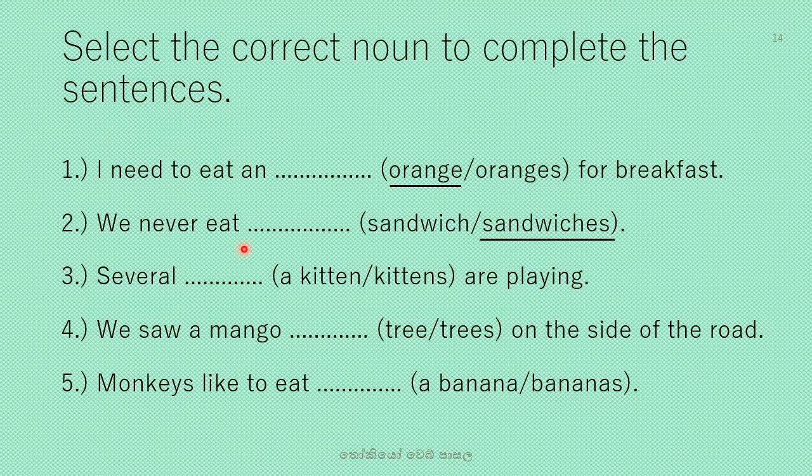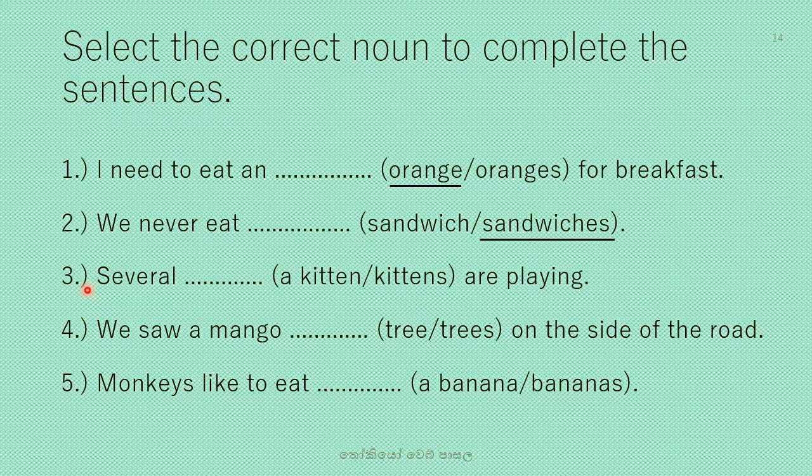So in that case, we cannot use a singular noun, but we need to use the plural noun. And also here, we are not given a. In the first sentence, you were given an. But here, no such word is given, even in the two answers. So we have to select the plural one. We never eat sandwiches.